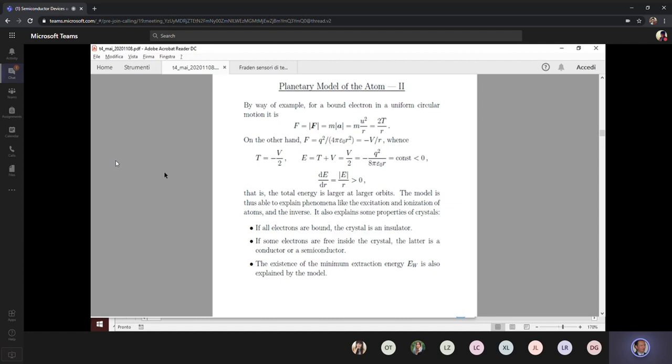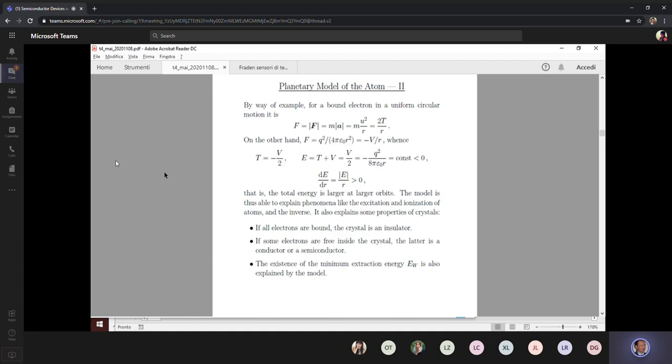Now you remember that in general, the kinetic part of the energy is 1/2 m u squared. So you can see that there is one block in the expression of the modulus of the force that is proportional to the kinetic energy. So m u squared over r can be written as 2T over r, in which T is the kinetic energy.